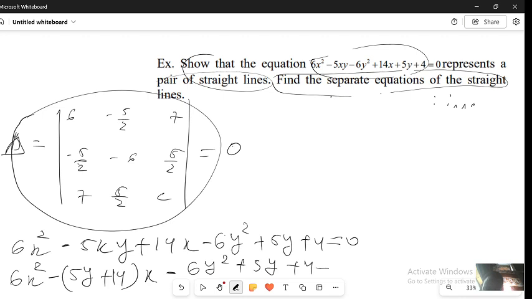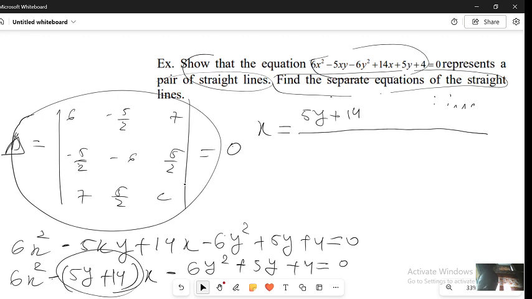Now, from here, we all know how to determine the value of x from the previous one. It was minus b. What is minus b? It is this one. The minus and the minus become positive. So I'll have 5y plus 14, plus or minus the square root of the value.